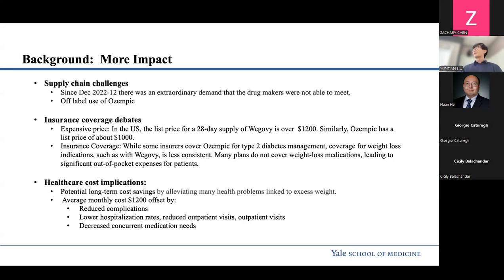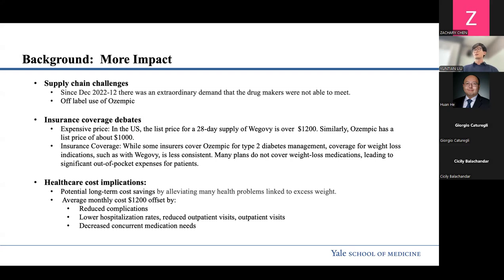So some more background for this drug. Since the drug is so popular, it actually went through some supply chain challenges. Since the end of 2022, there was extraordinary demand for the drug, and the drug makers, the pharmaceuticals, were not able to actually meet that need.